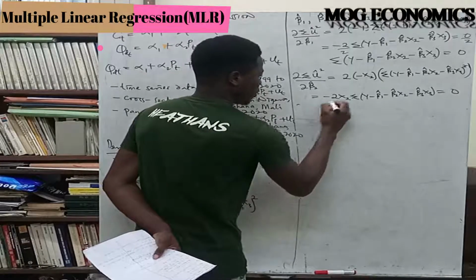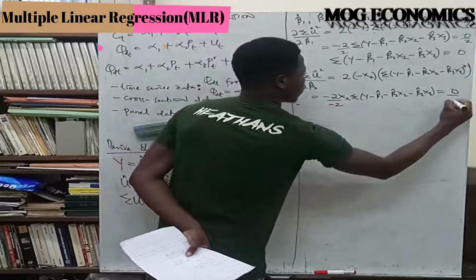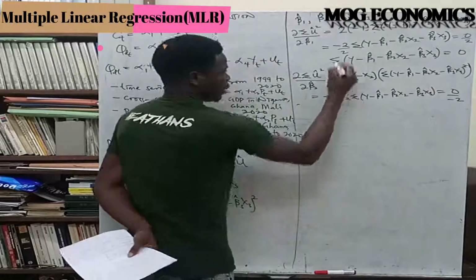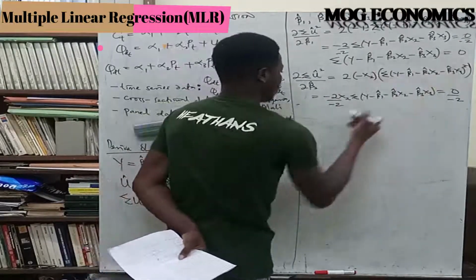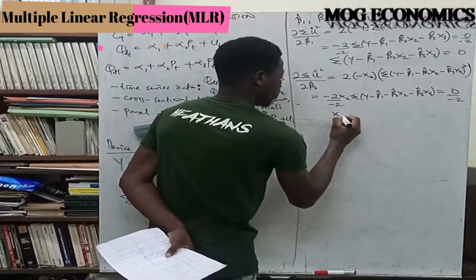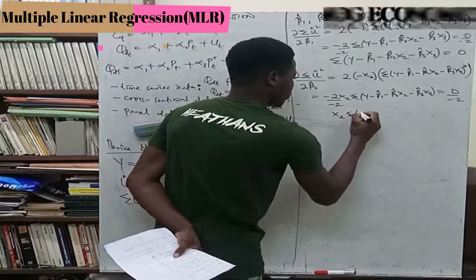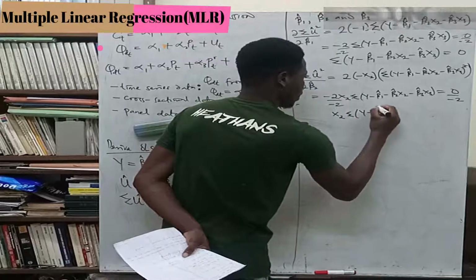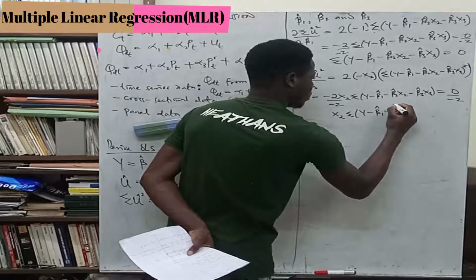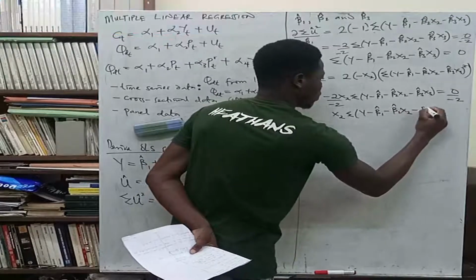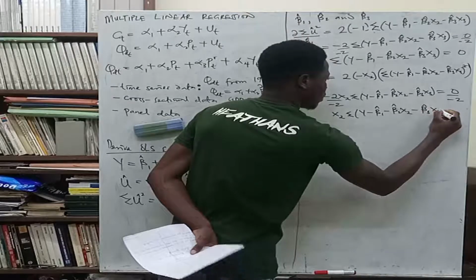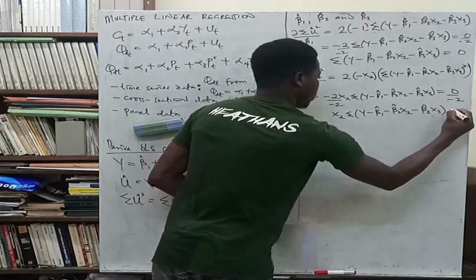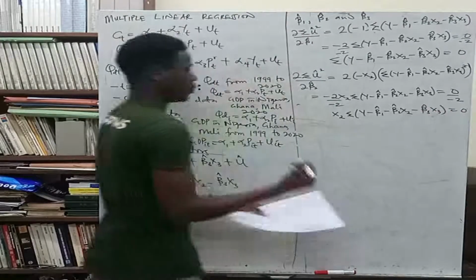So we have this to divide, and in this case here, we have x2 summation y minus beta 1 minus beta 2 x2 minus beta 3 x3 equals 0.